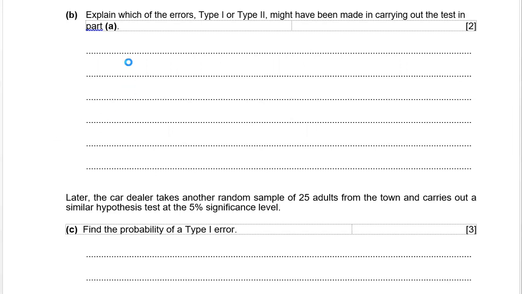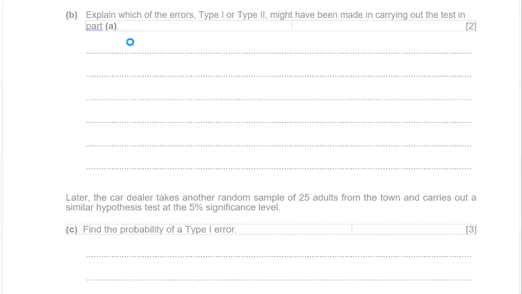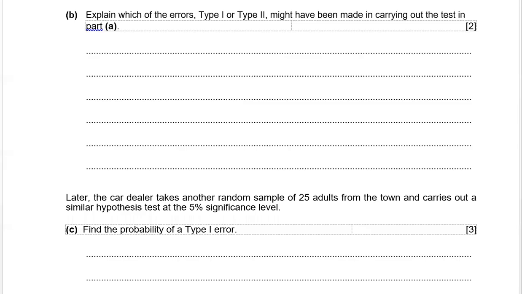And over here, what you would say, type 2 error occurs when a false H naught is accepted.